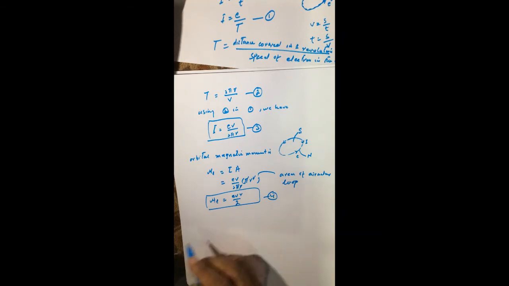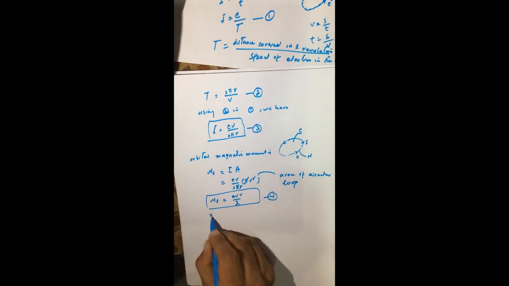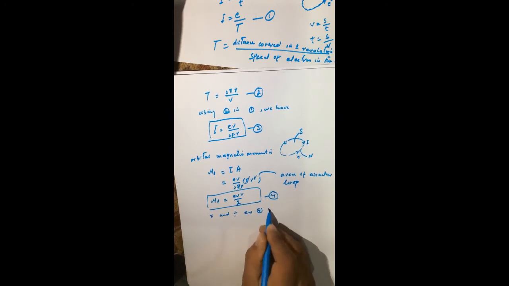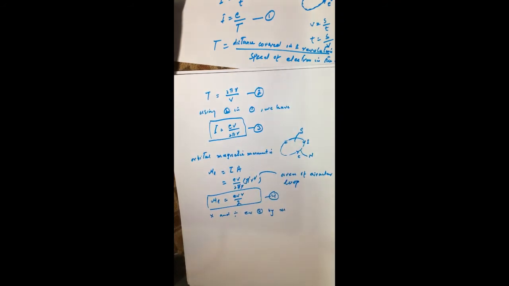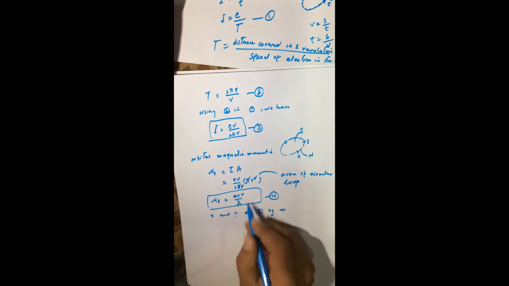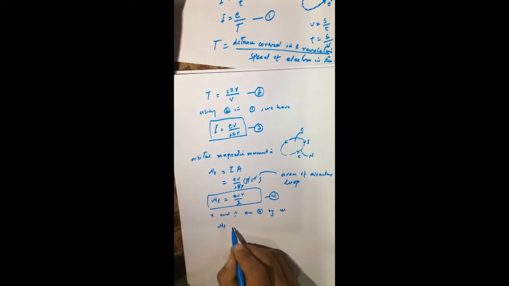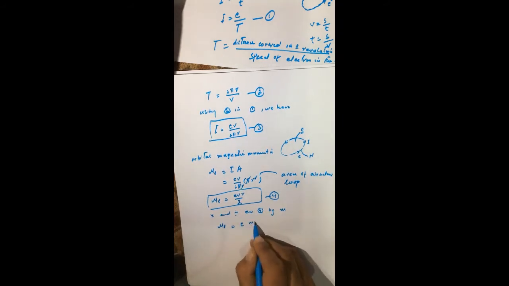Now multiply and divide equation 4 by mass of electron. On the right hand side of this equation 4, we have the magnetic moment mu L, which is equal to e times m v r divided by 2m.